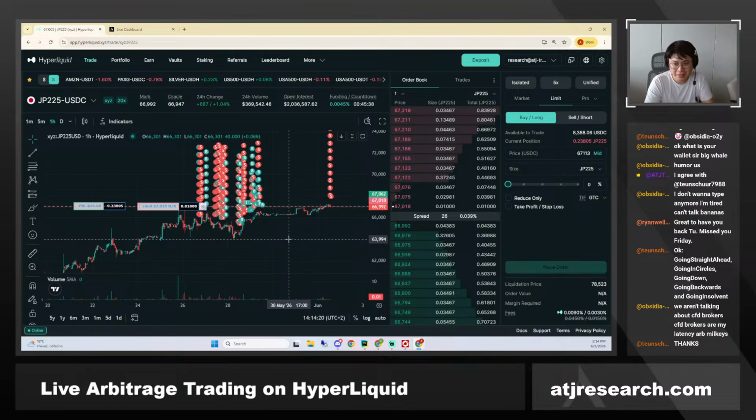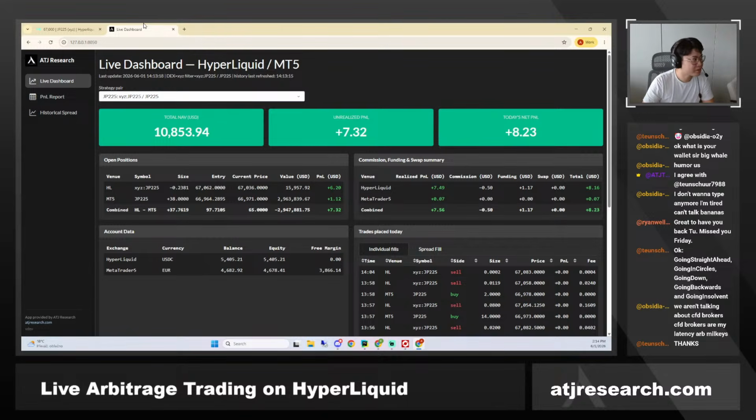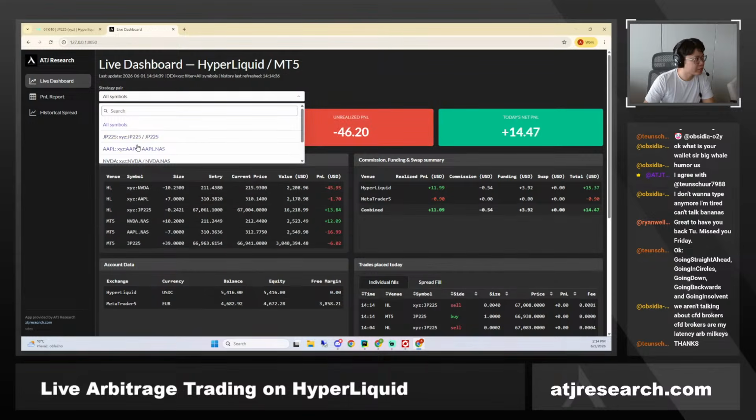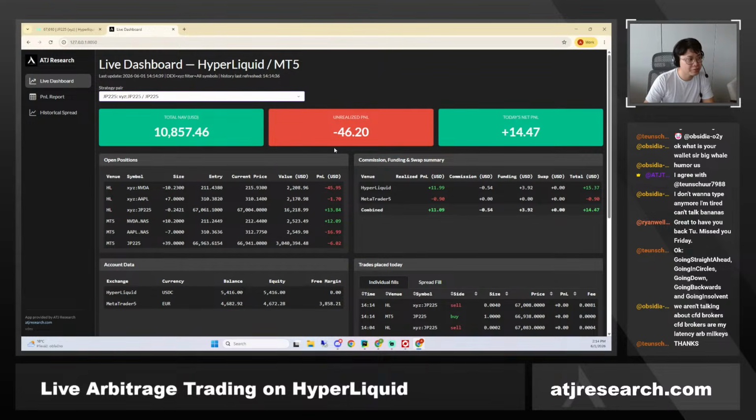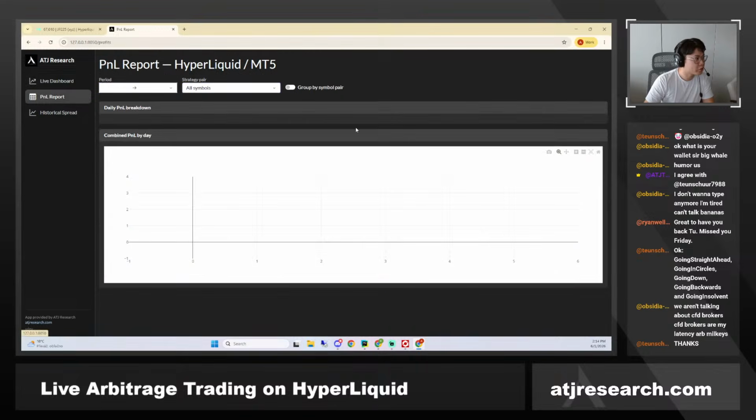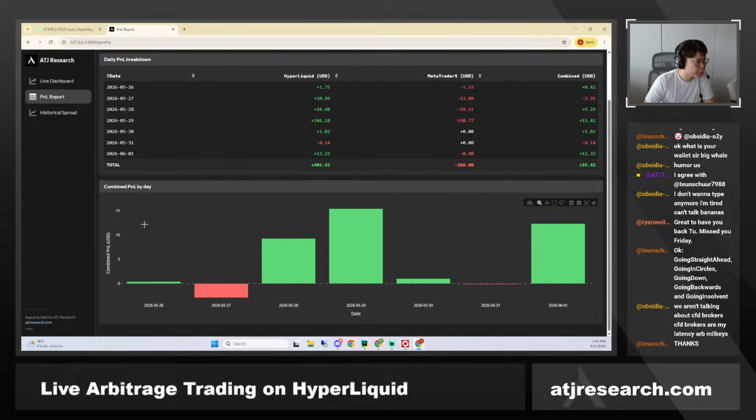So today, finally, maybe I can just recap really fast for Ryan, because I said at the start, Ryan, we have a new dashboard today. In this dashboard, as you've seen last Friday, we can filter all the PNL by symbols. Today we're focusing on JP225 because that currently provides good opportunities. And over the weekend, I coded a PNL report, right?